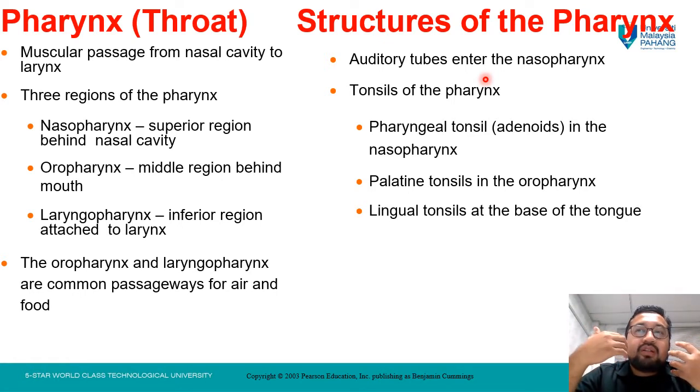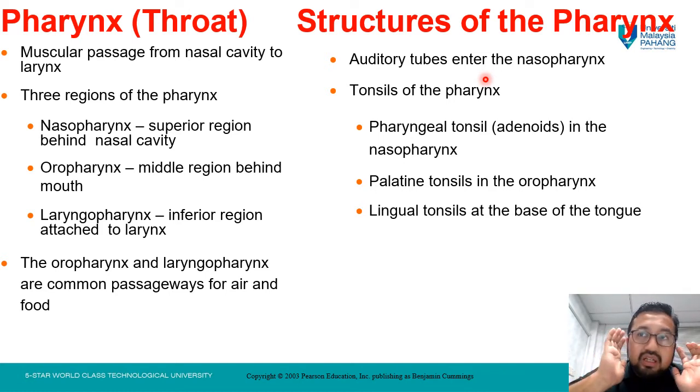Okay, because when we got a common cold or flu, there will be a lot of mucus secretion inside our nasal cavity, and also in our sinus as well. So it will create some kind of high pressure there.